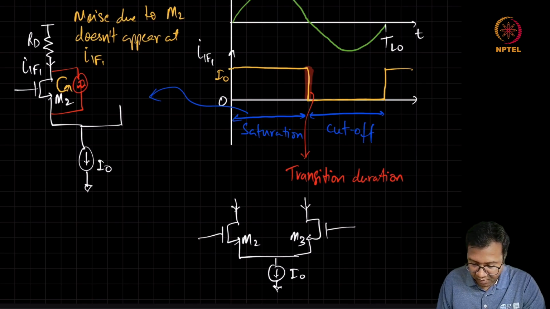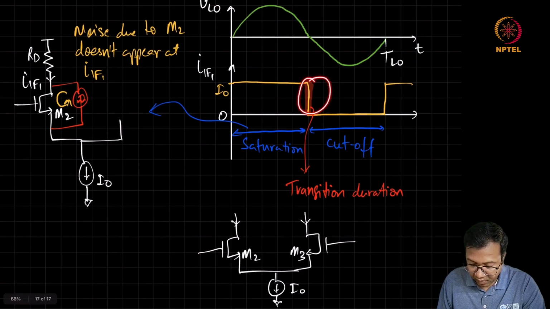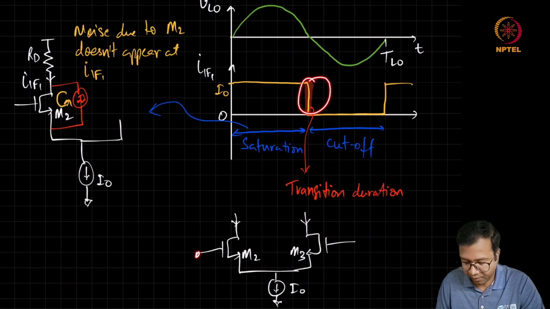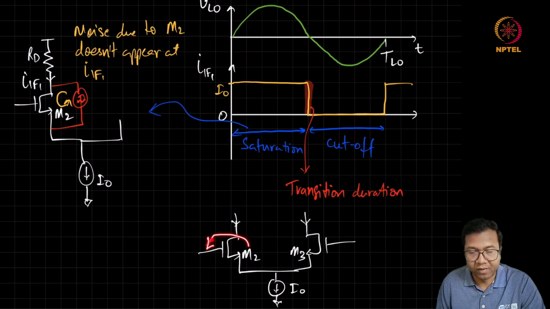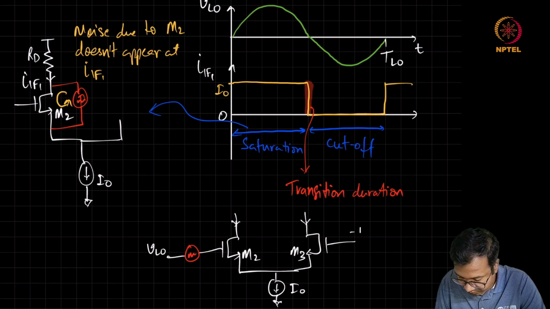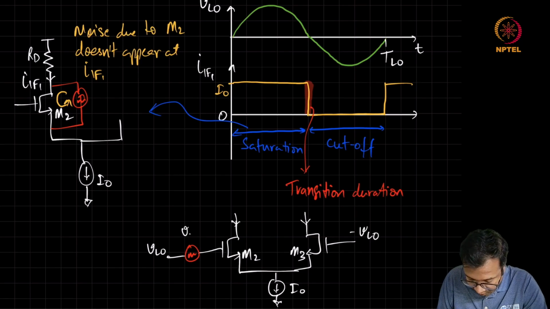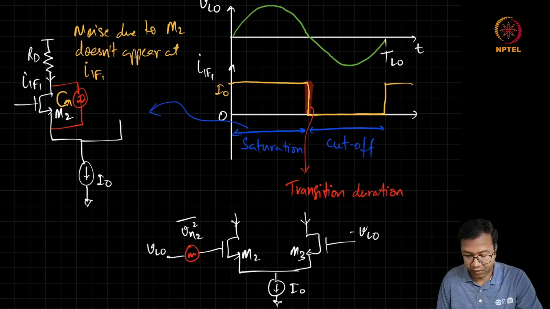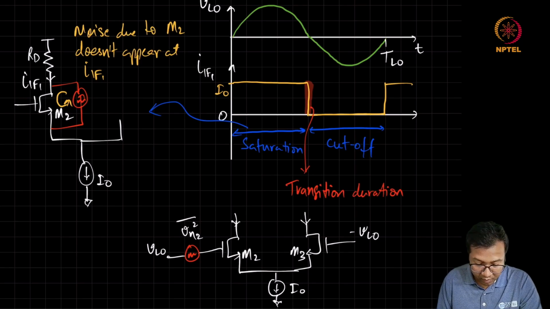And we can see that this switching completely depends on the gate voltage which is applied. Now, if we refer the noise of M2 to its gate side, then we can model it as a noise which is coming in series with the VLO signal. So if you look at the gate voltage of M2, it is not going to be same as this VLO.